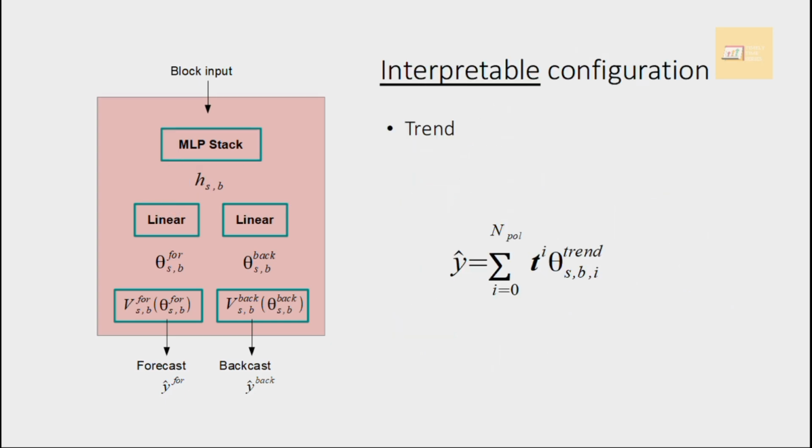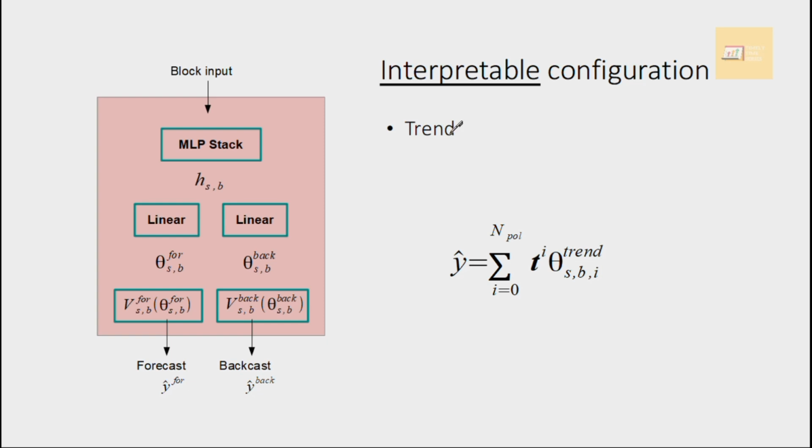Okay, now we are ready to talk about the basis functions. The basis functions are divided into two big groups. The first one is the interpretable configuration, and the second one is the generic configuration. So depending on how we want to set up our NBEATSx model, we have different basis functions.